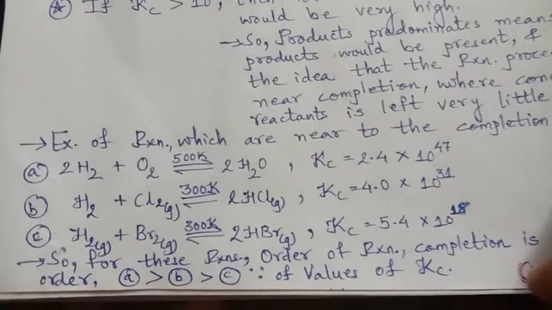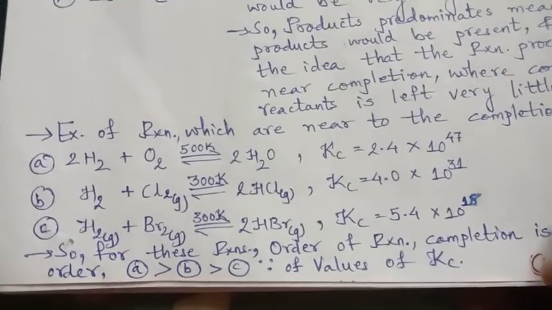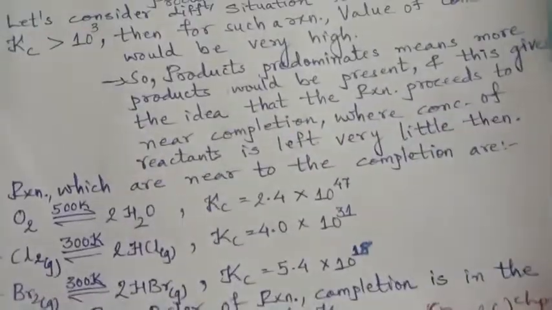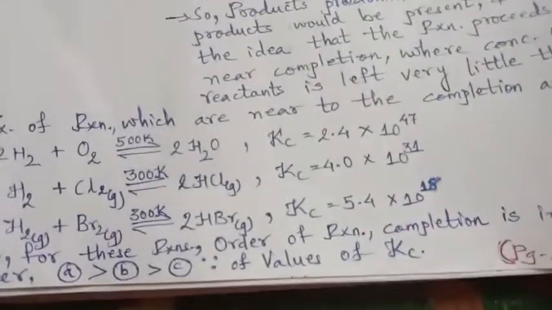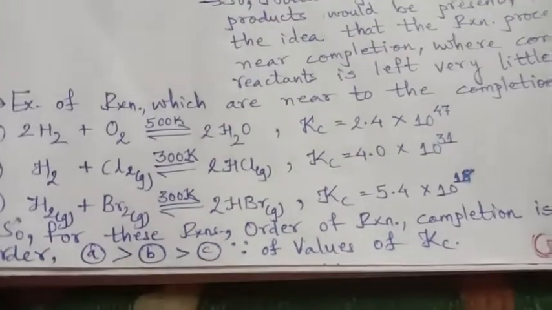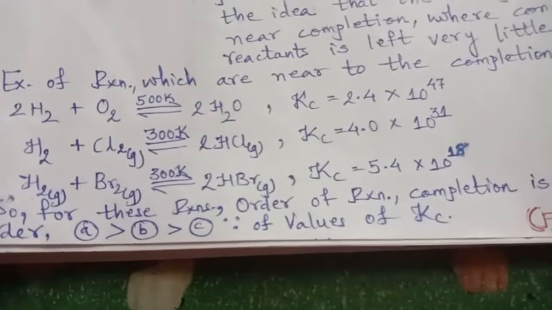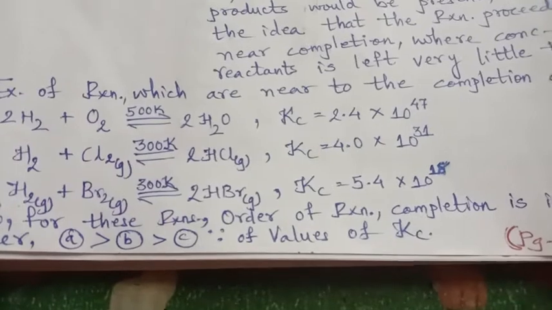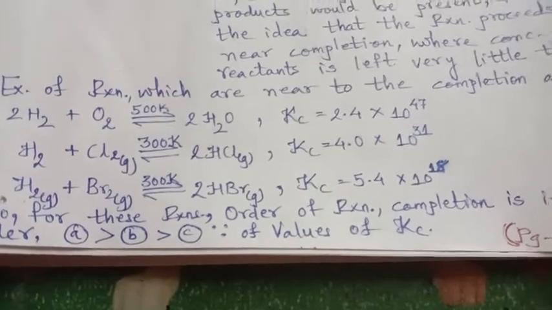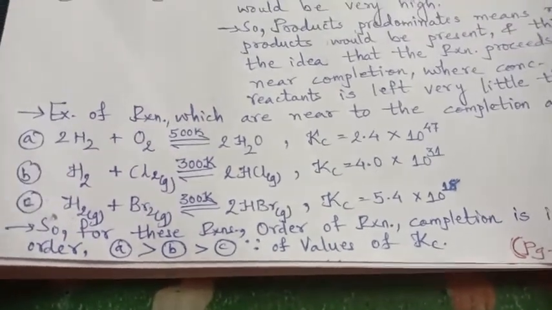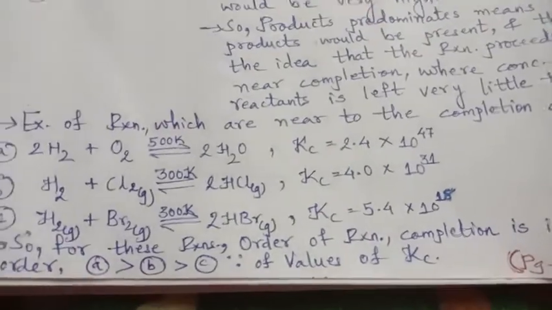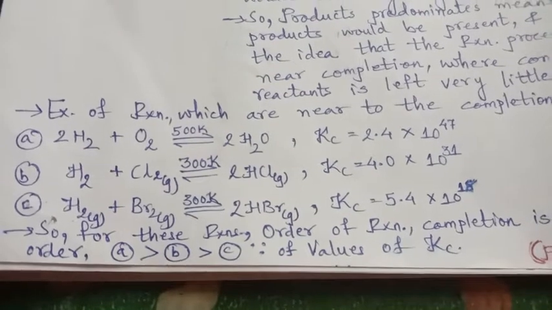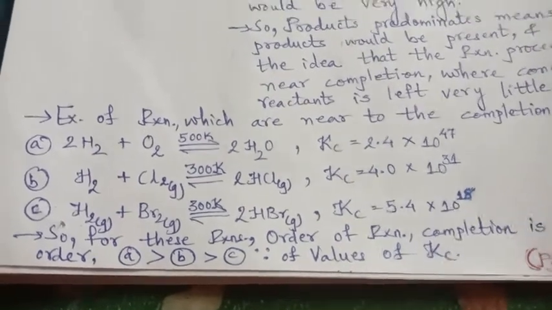product-predominated reactions. So for these reactions, the order of completion is: A is almost completed, then B, and then C, because they depend on the value of Kc, and the value of Kc greater than 10 raised to 3 is highest for the first reaction, that is H2 plus O2, and then H2 plus Cl2, and then H2 plus Br2.